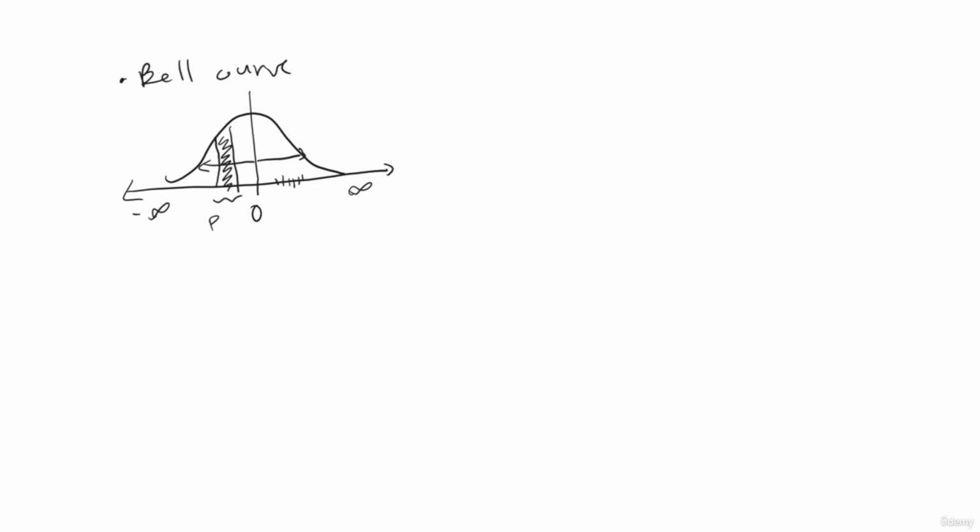But this is a continuous distribution, and a continuous distribution just means that the number of numbers that can be on this line is infinite, because real numbers are numbers like 0.23, 0.231, 0.2312, and then 0.23123... And so it can actually just go on forever.